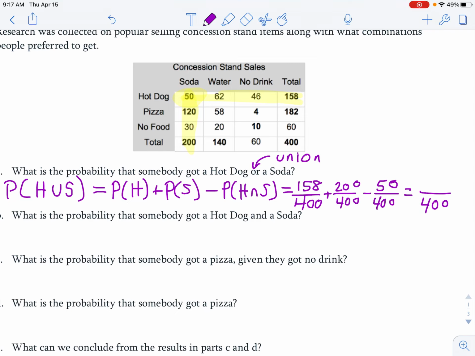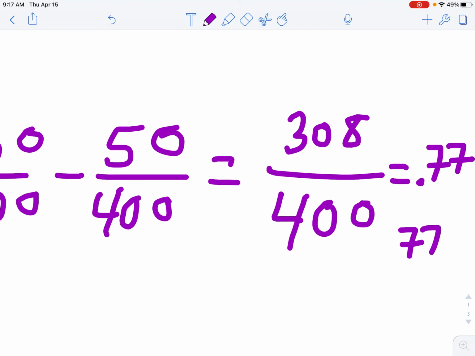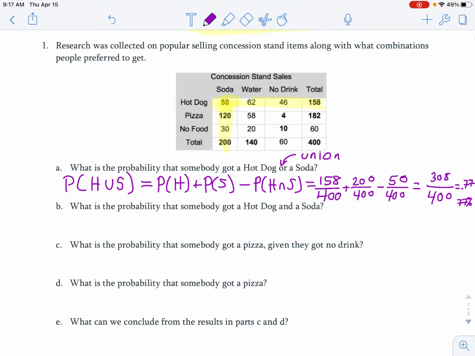So it's 308 out of 400 people who got a hot dog or a soda. As a decimal, that equals 0.77 or 77%. So at this concession stand, 77% of the people got a hot dog or a soda.